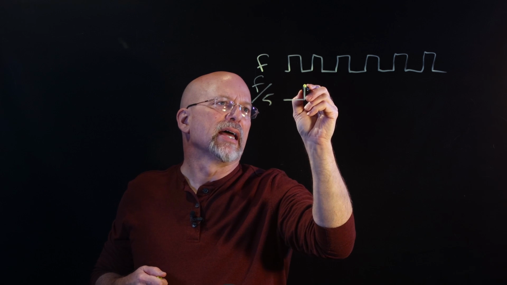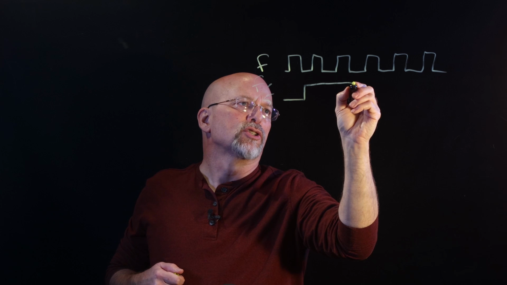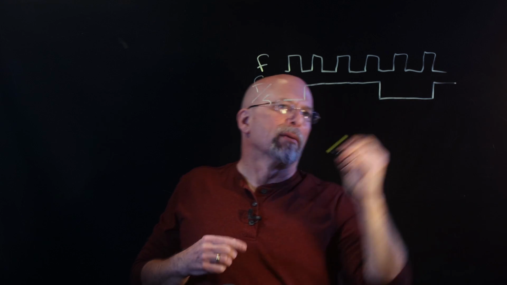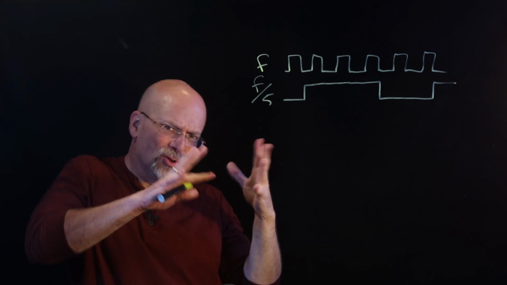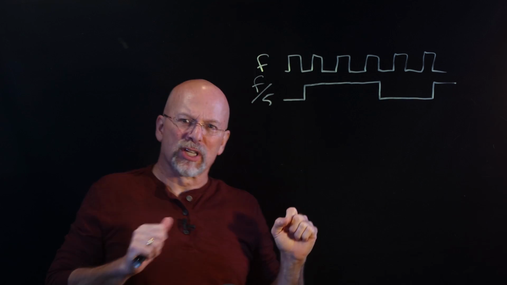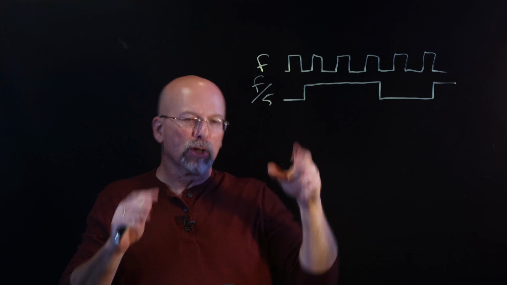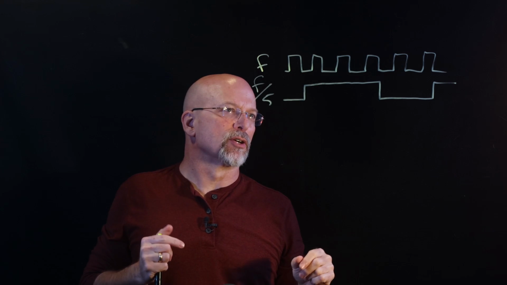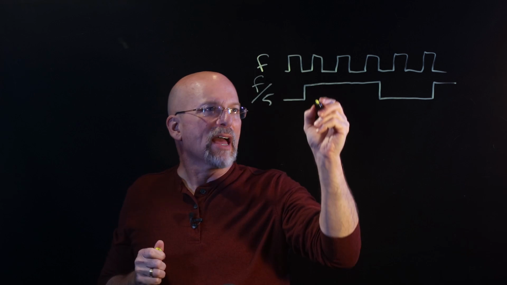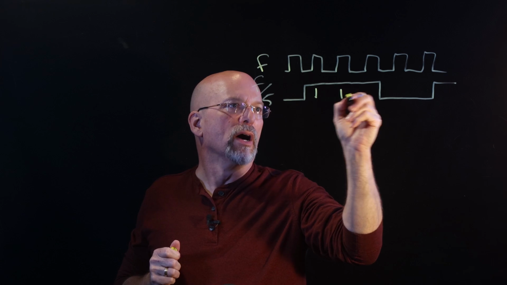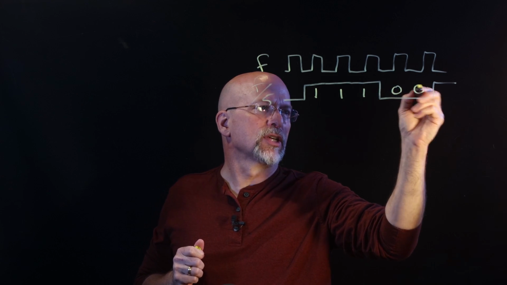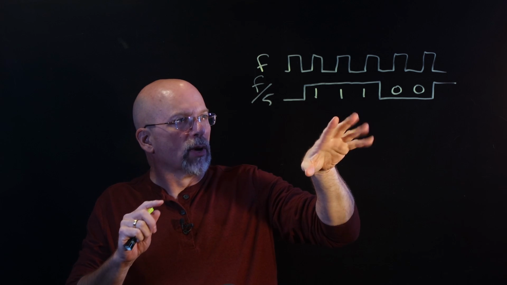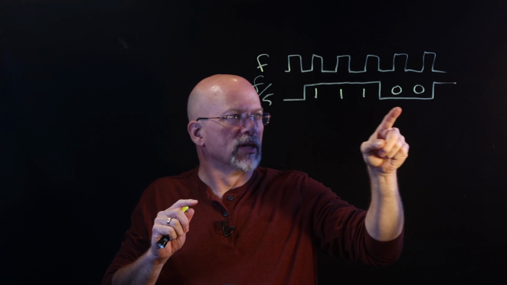So falling edge, and maybe we have 1, 2, 3 falling edges, and then 1, 2, something like that. And granted, this is not a 50% duty cycle, but it's good enough whenever we're looking at just simply getting a rhythm going of a 1/5 of an original frequency. So what you really have here is 1, 1, 1, 0, 0. That is our sequence. So what we want to do is drive a sequence generator so that we get this pattern 1, 1, 1, 0, 0.